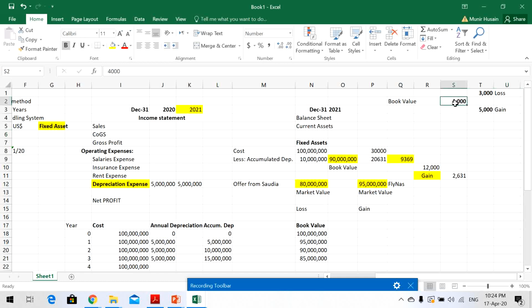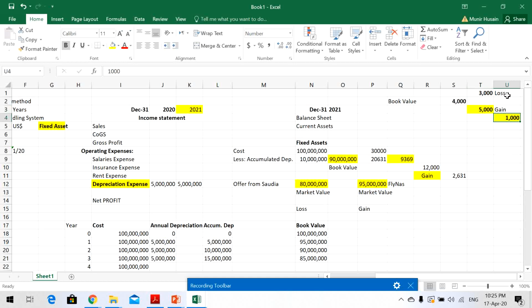If you take the difference, the allowance is 5,000 and the book value is 4,000, so the gain is 5 minus 4, which is 1,000. So 1,000 is the gain.